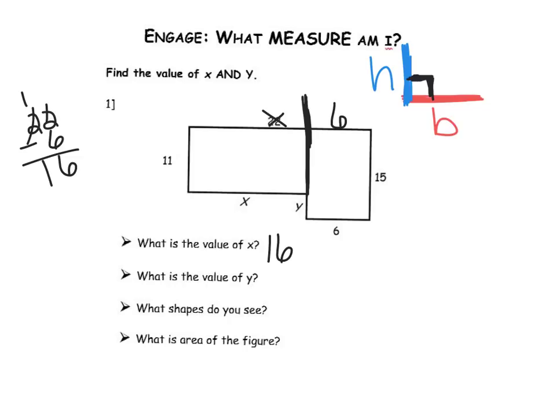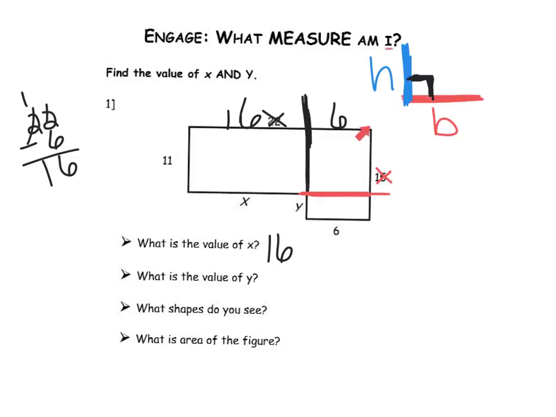Now, let's look at y. If you notice, again, we actually have this part here, but we really don't need it right now because we're going to go ahead and find this measurement. But for y, we still need to find out what the measurement is. So let's look at y. Now, if you notice, y is part of this. So if I cut the shape this way, then I'm cutting into the 15, so this side is no longer 15.